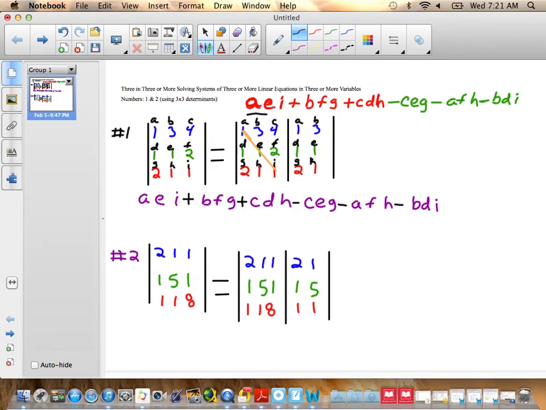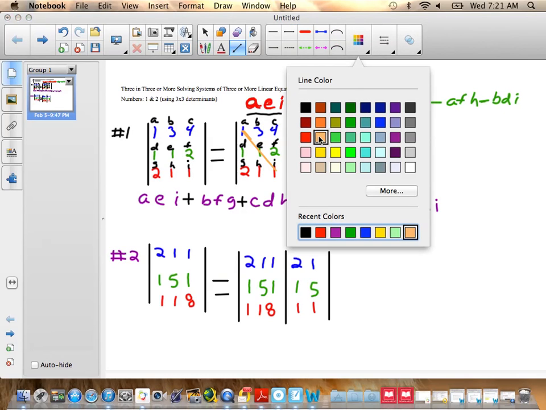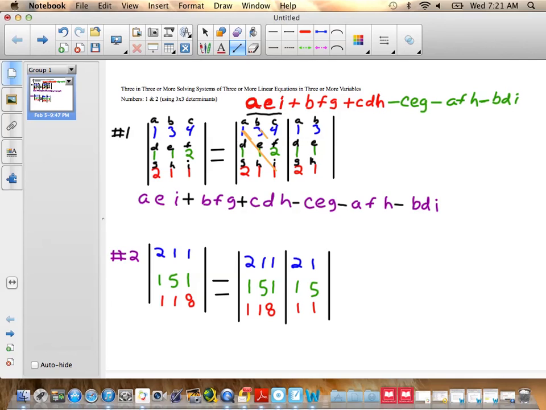Then I said B, F, G, and C, D, H. The second diagonal was B, F, G, and the third diagonal says C, D, H, right here.